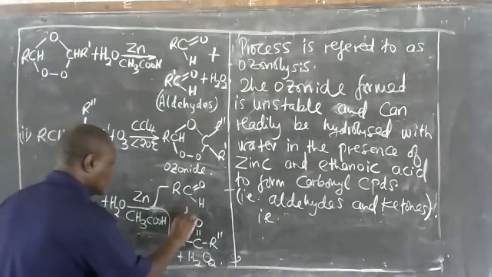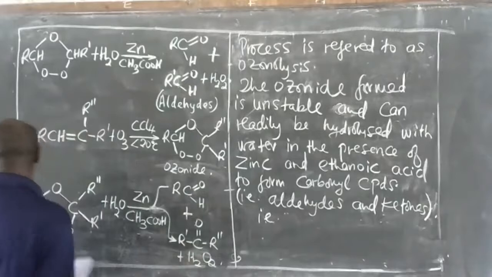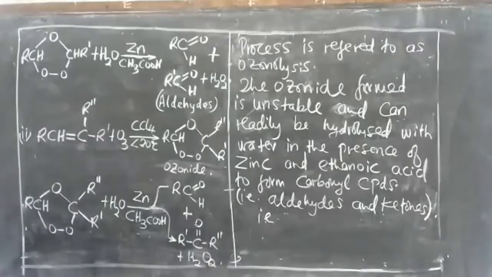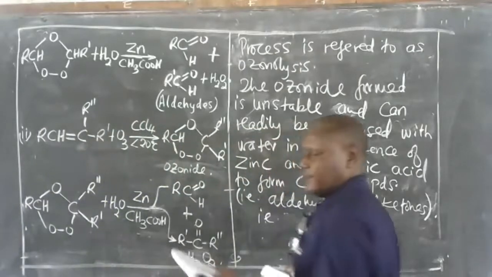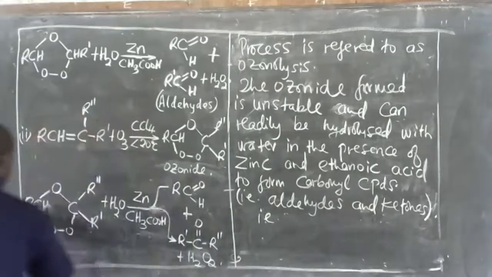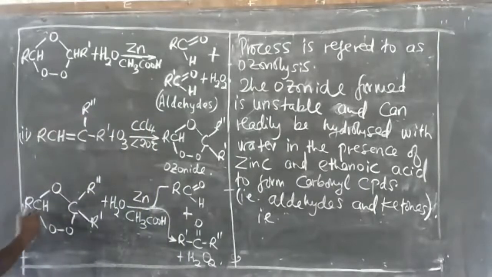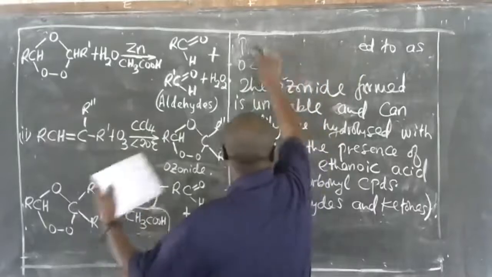So you're getting a mixture. We have got an aldehyde, we have got a ketone, and then hydrogen peroxide as the product. Then for the other example, if there is no hydrogen on the carbon, then we are going to get ketones instead.